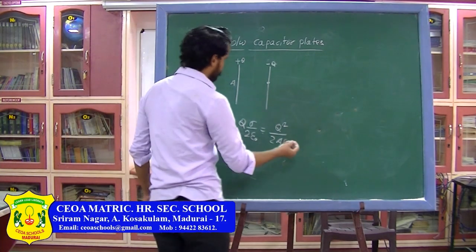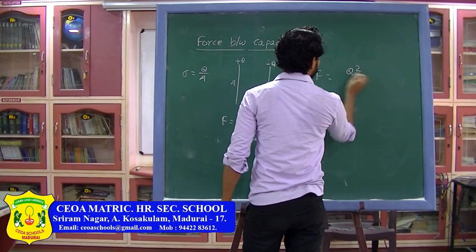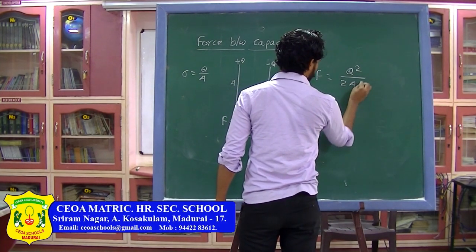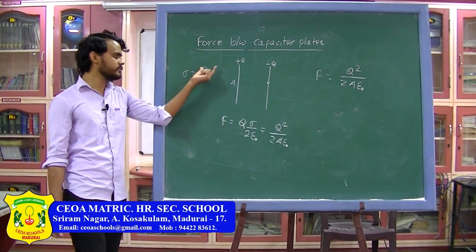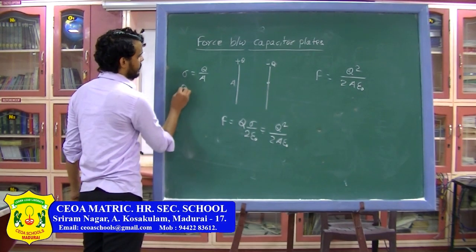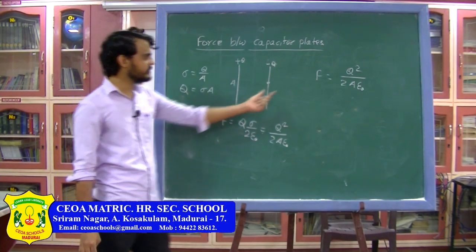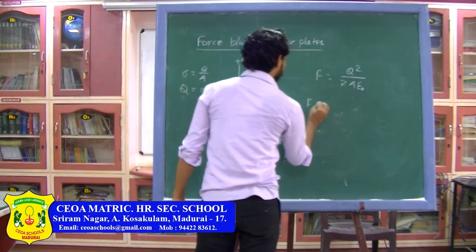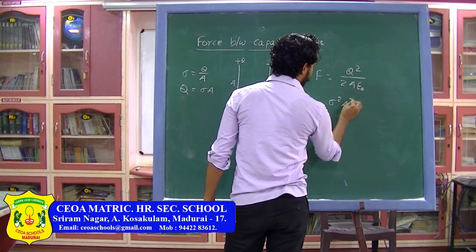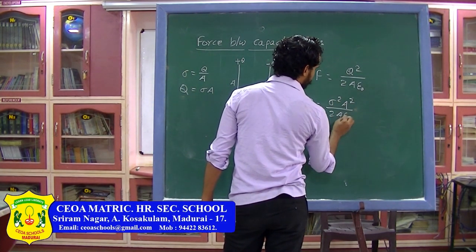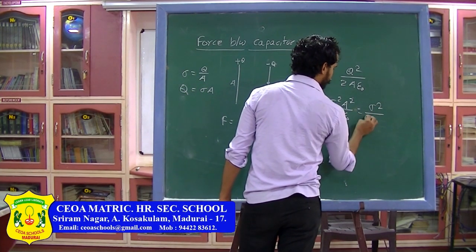Now that we know the force between the capacitor plates is q square divided by 2A epsilon naught, from sigma equals q divided by A, I can write q equals sigma times A. If I replace this value in the formula, I get F equals sigma square A square divided by 2A epsilon naught, which is sigma square A divided by 2 epsilon naught.